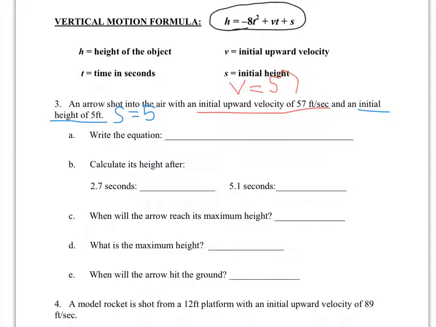Therefore, we can write this equation: h equals negative 8t squared plus vt, so v is 57, and then plus s, so plus 5. And there you go. There's your equation.